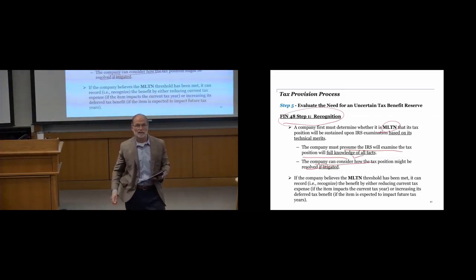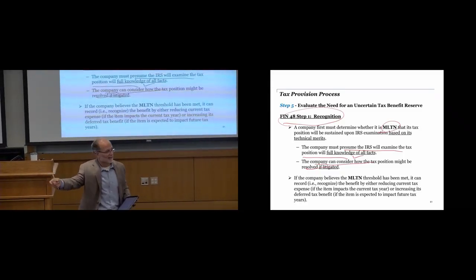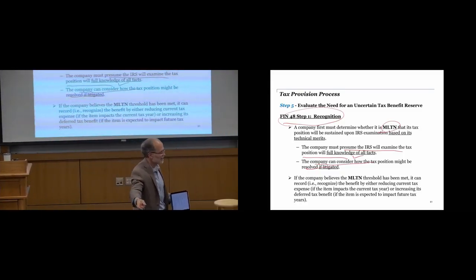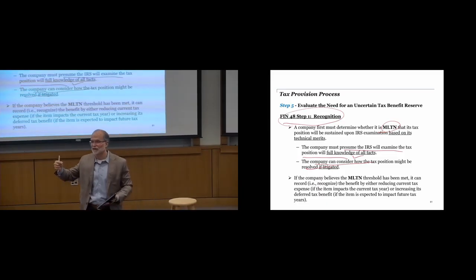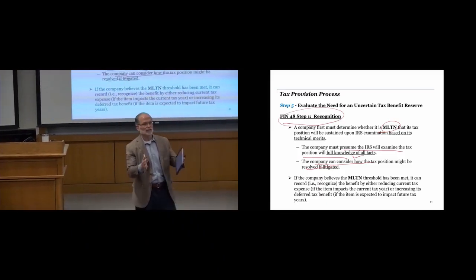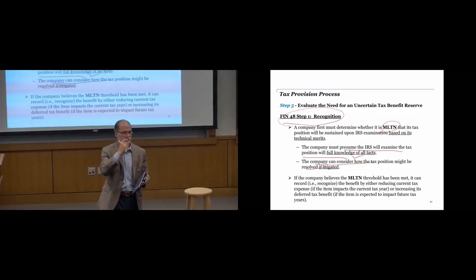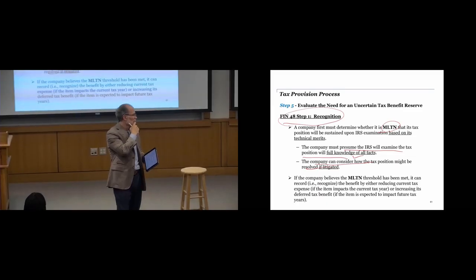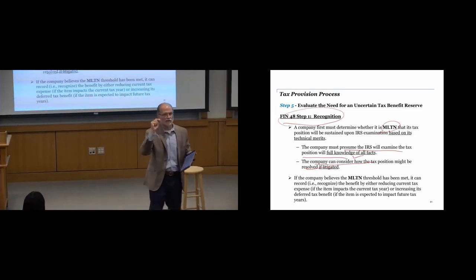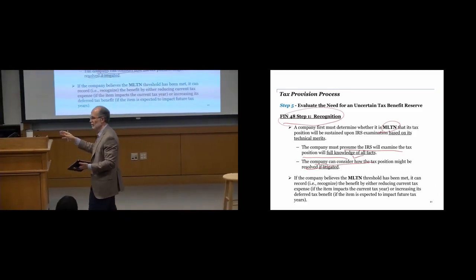It doesn't mean that I haven't filed my tax return, because I did. I did claim that benefit on the tax return. And I would still fight it through the system, because there's real dollars at stake. It's just I haven't recognized any on the financial statement. I set up a reserve against it. I have to at least be more likely than not, 51%, before I put anything on the financial statement.